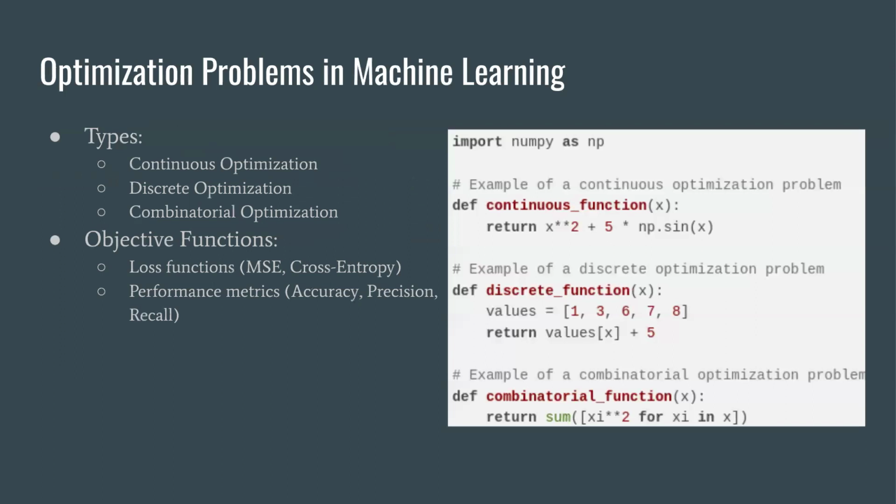Optimization problems in machine learning. So in machine learning, you get to encounter various types of optimization problems.